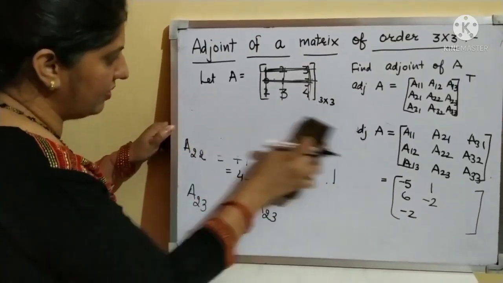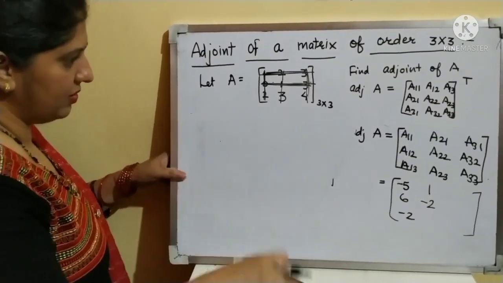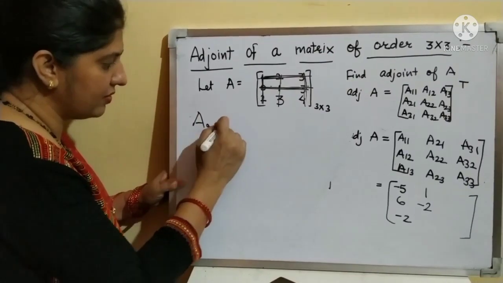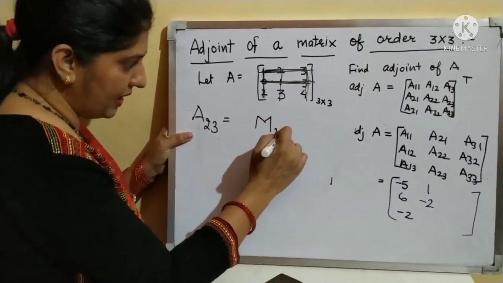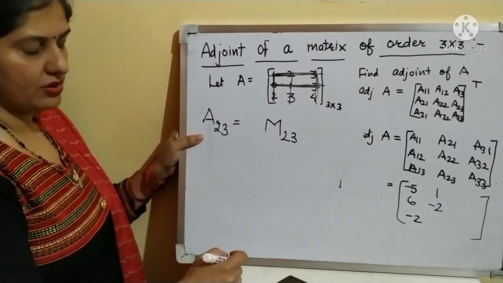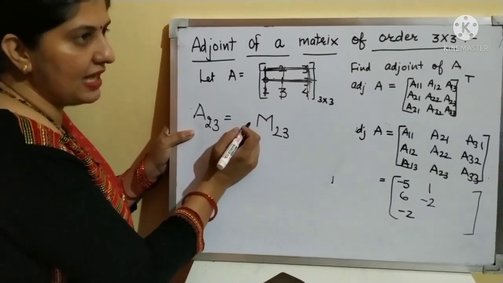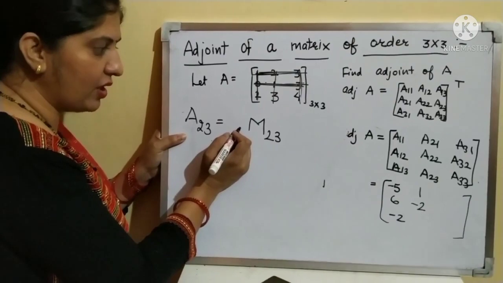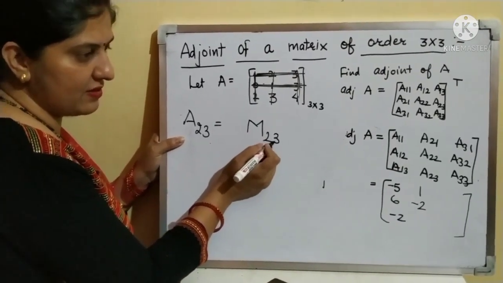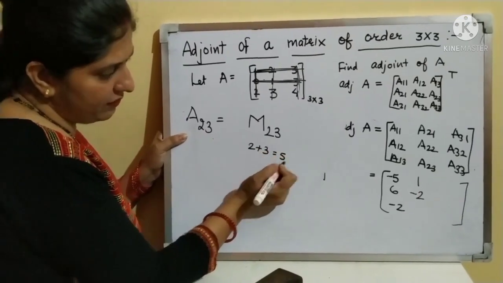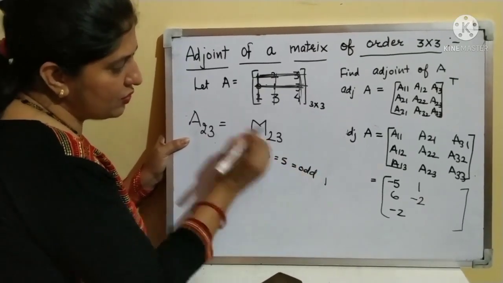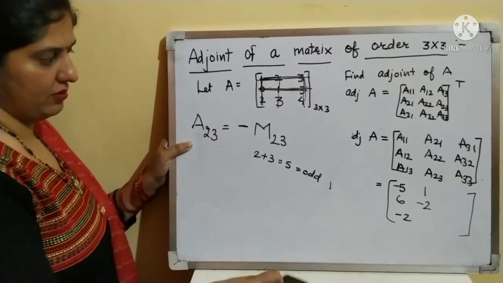In the same way, calculate A23. It is also equal to the minor of the corresponding element, but you have to take sign positive or negative according to the sum of the suffixes. Sum of the suffixes is 5. 5 is odd, so sign will be negative.